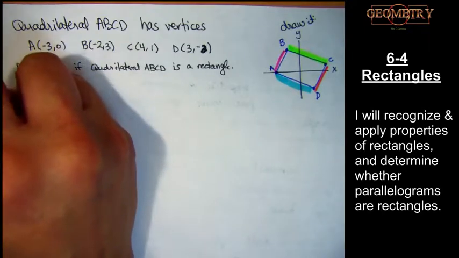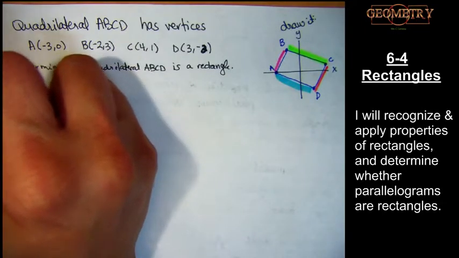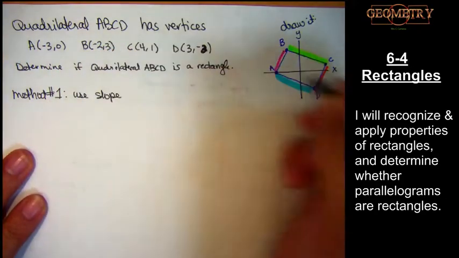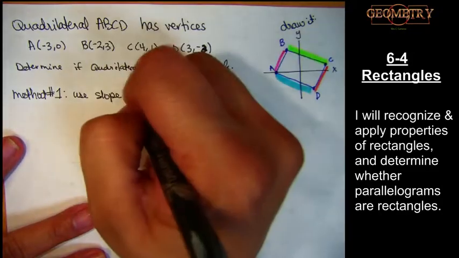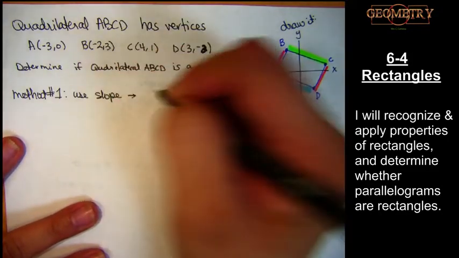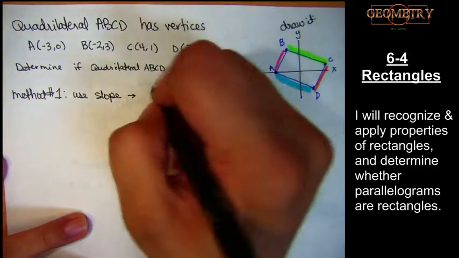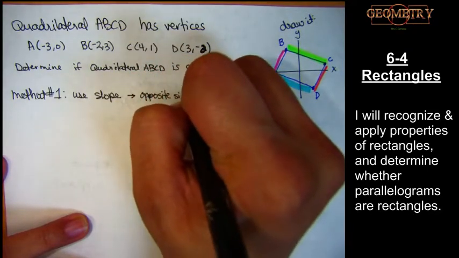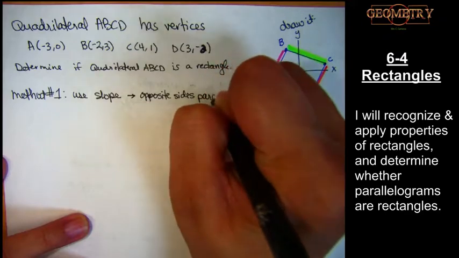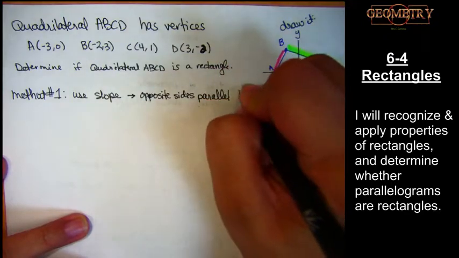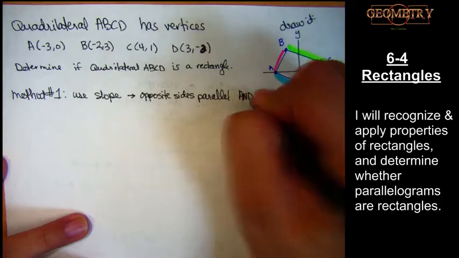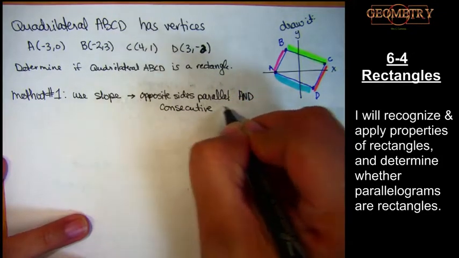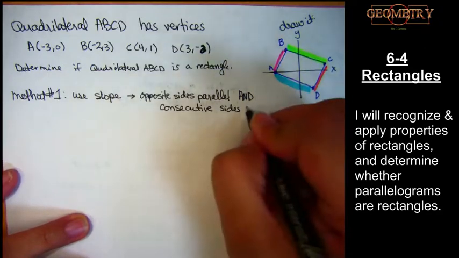Our first method is we're going to use the slope formula. We're going to use slope because what we're after is we want opposite sides parallel and consecutive sides perpendicular.